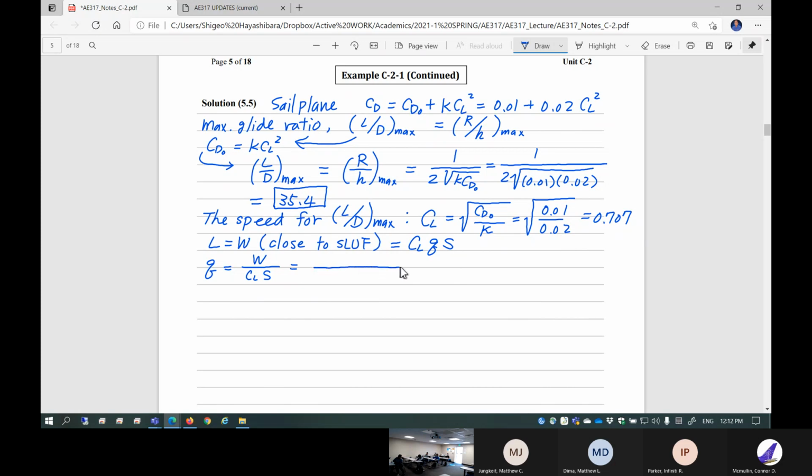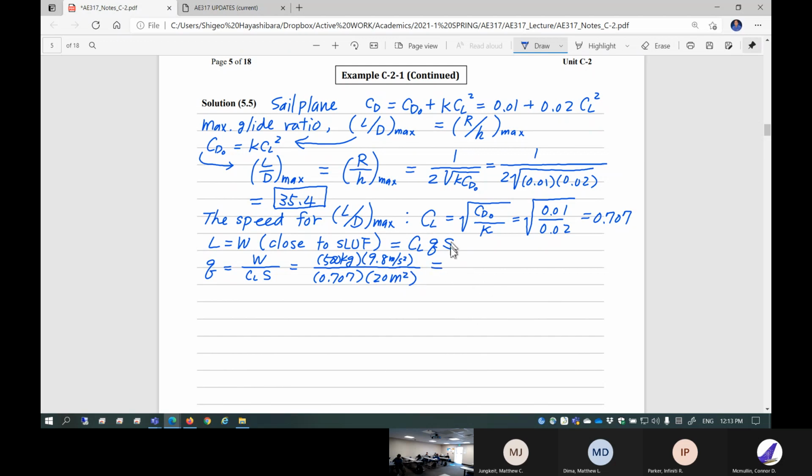Let's just plug in weight. Weight is mass times gravity. So 500 kilograms of mass is given. Gravity is 9.8 meters per second squared. CL, we just found, 0.707. Wing area is given as 20 meters square.